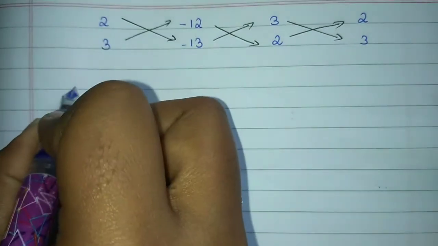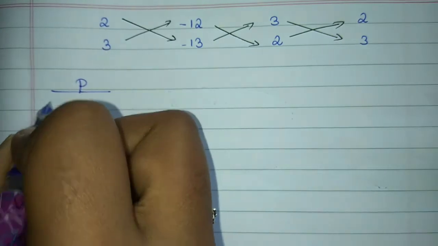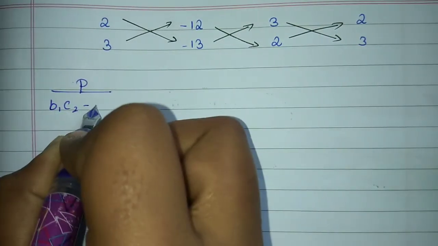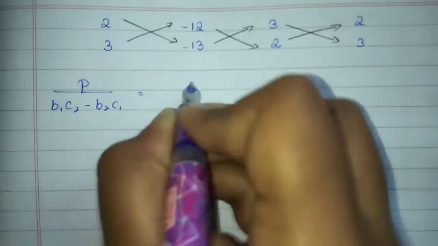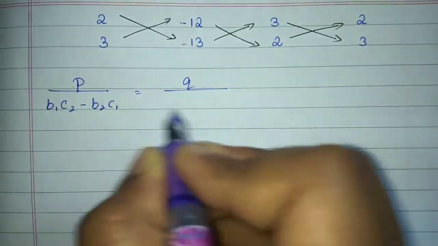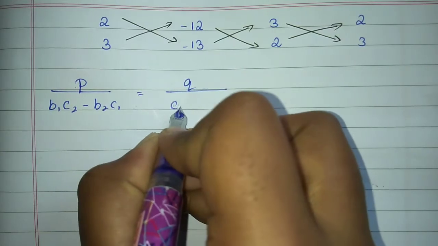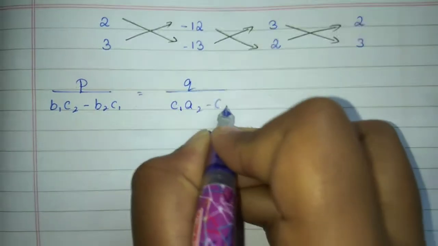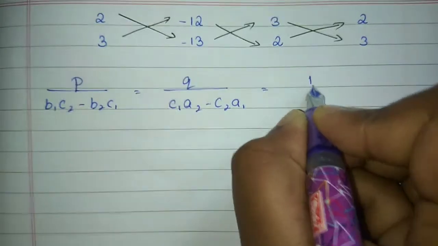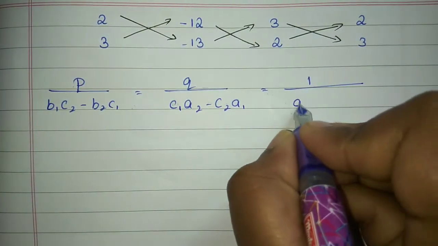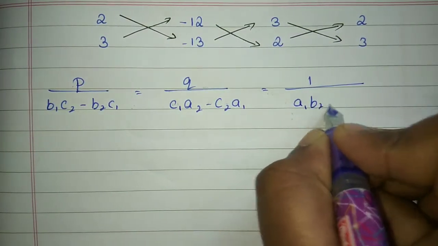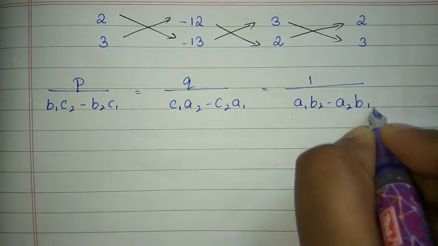So now let us write the formula: P by B1 C2 minus B2 C1 is equal to Q by C1 A2 minus C2 A1 is equal to 1 by A1 B2 minus A2 B1.